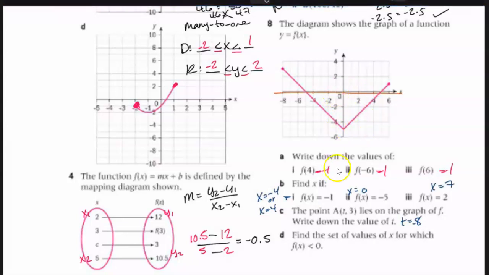So we have a couple of points. We are going to not write individual values because it's a continuous function. So we're going to write an inequality. Now they want me to find my x values, and they only want the x values that are below here.